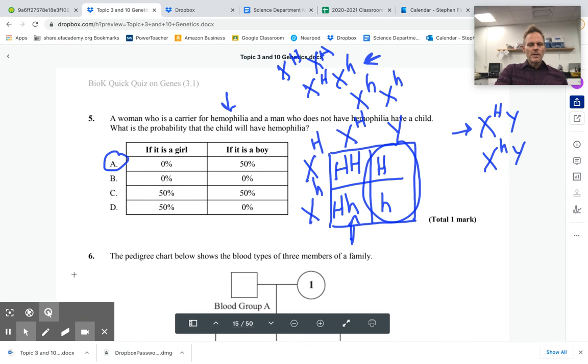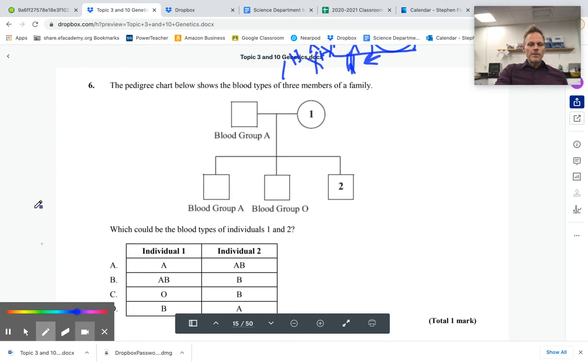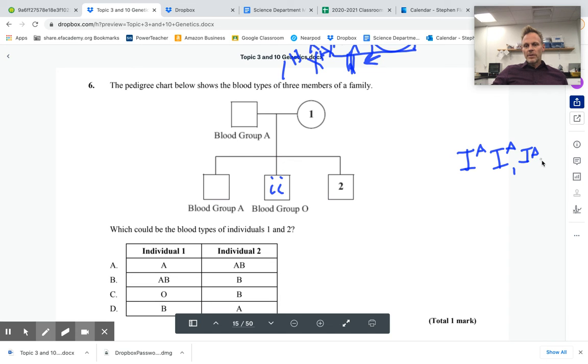Question number 6, classic blood type question. So with these questions, the best thing to do is to look for evidence of what you know to be 100% true. And the only thing we're sure of, right from the get-go, is that this person's genotype is little i, little i. If you remember blood type, we have different possibilities for all of the different blood types.